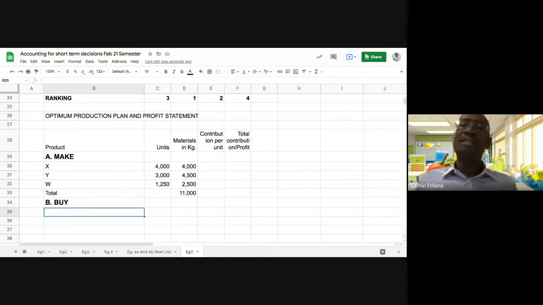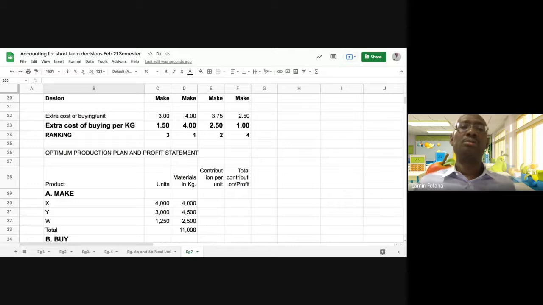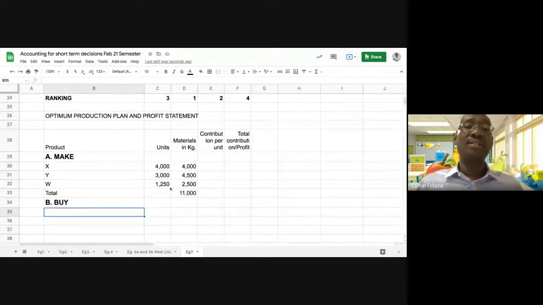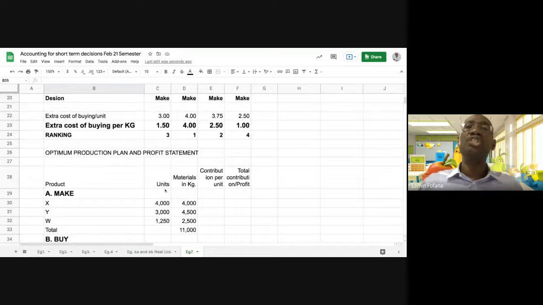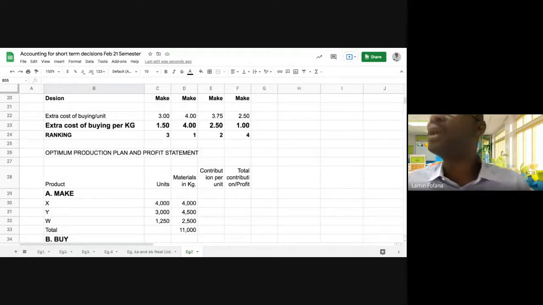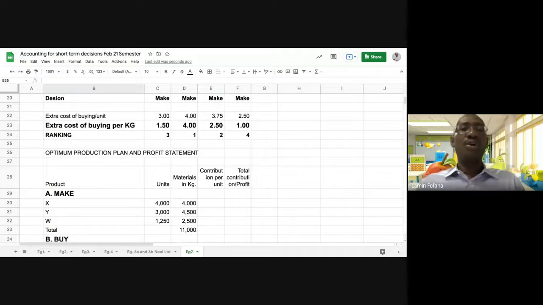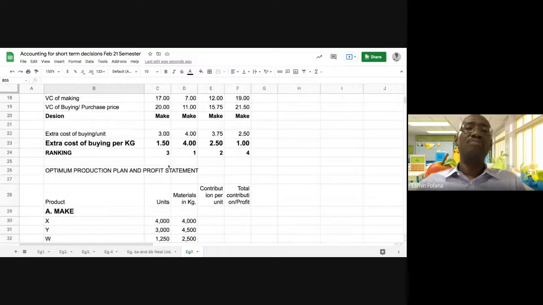Remember, these are the ones that are going to cost us more to make, the most expensive ones. The ones we're going to buy from outside suppliers are the ones that are going to cost us less, so they are going to be the cheaper ones. So we buy the cheaper ones from outside suppliers because we've already made the ones that are more expensive to buy from outside suppliers.